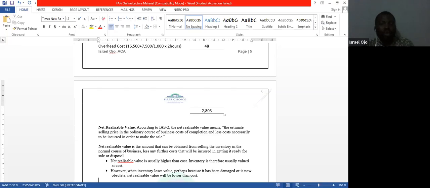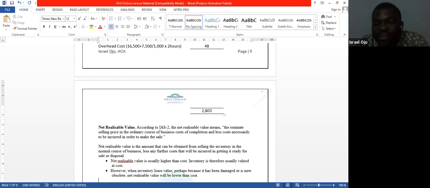Then I'll also deduct the cost that I will incur to make the sale. For example, I will probably need to employ a sales team to dispose of the assets, or transport the asset from one point to another. Those are examples of cost of sales. So I need to reduce my selling price by the cost of sales.